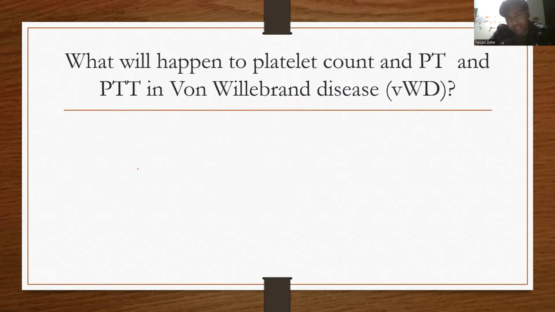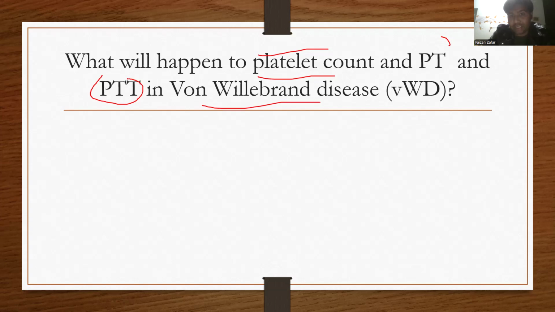What will happen to the platelet count, PT and PTT in von Willebrand disease? This is very common and high yield. In von Willebrand disease, the platelet count will be normal, PT normal, but PTT will be raised.